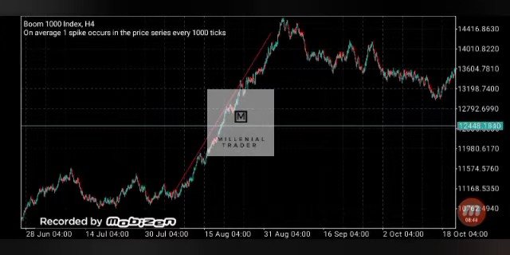Okay, it kept ranging. So if I was an impatient trader, if I was a greedy trader, I would have lost my $5 because I was not patient. Okay, I could have lost my $5, but I was patient enough, and I had the experience, okay, to wait.